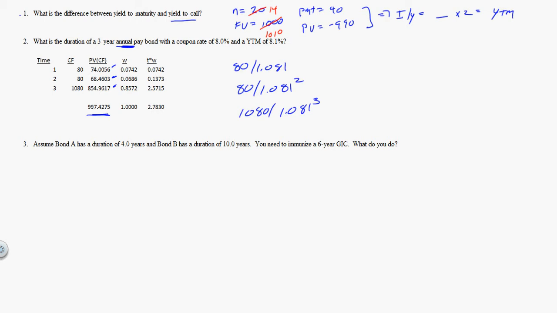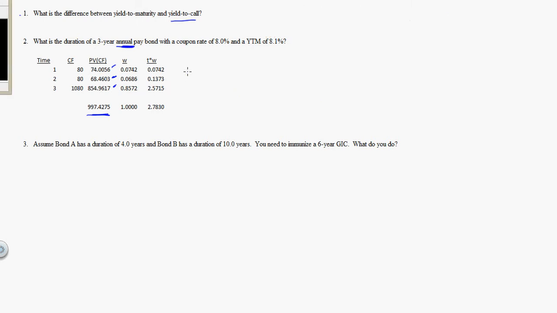Well, what about my weights? For the weights, think of this as 3 separate bonds. That's the way I think of it. The first bond pays me $74, and I'll go on out with the decimals here. And the total I pay for the bond is $997.4275. So when I buy this bond, 7.42% of it is for the first bond, right?